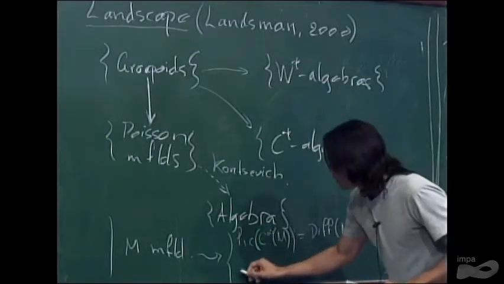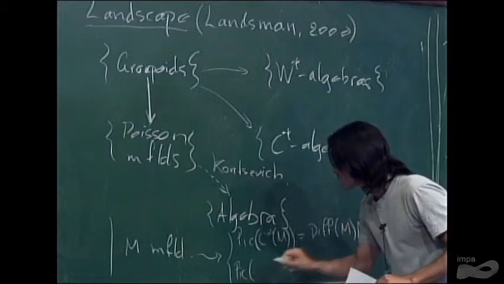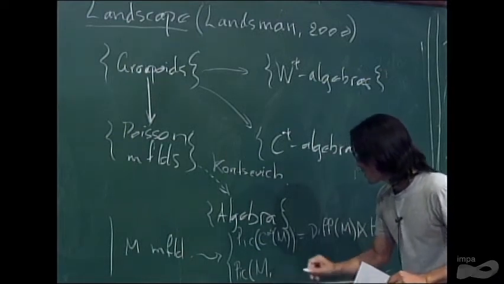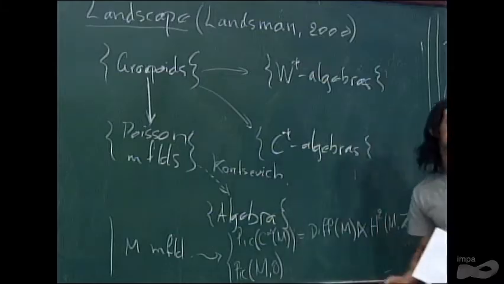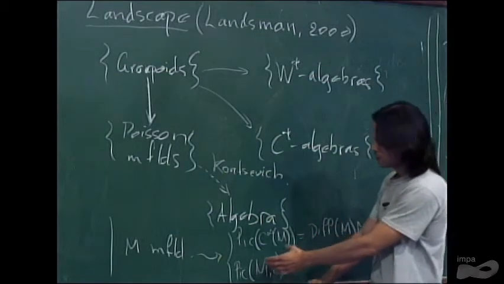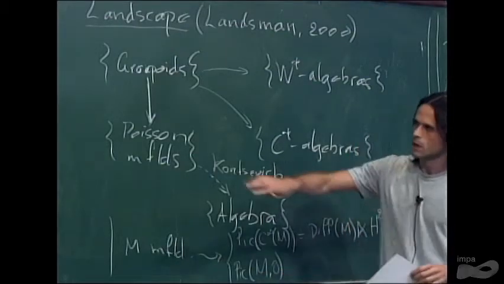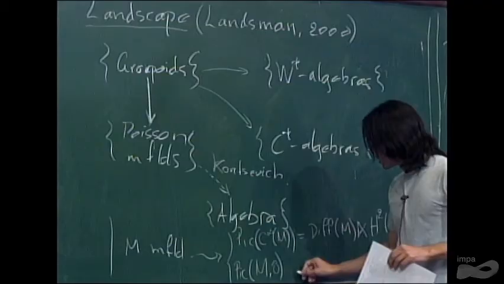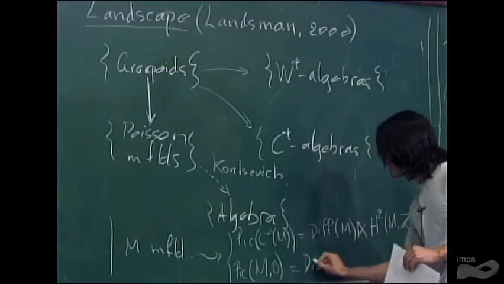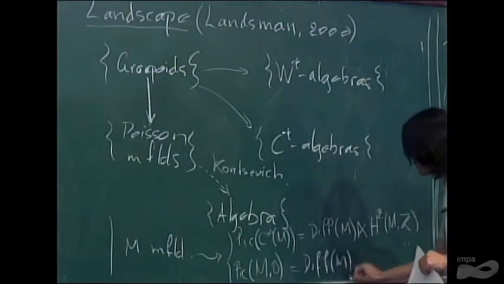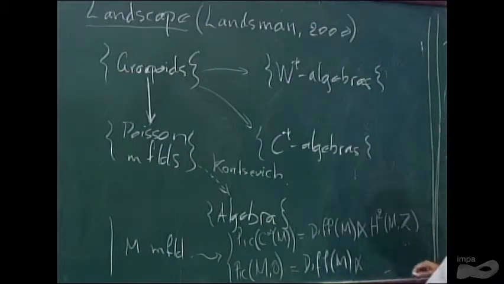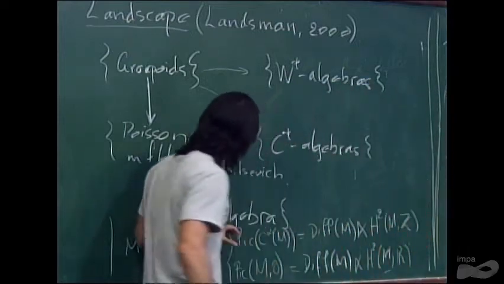Okay, and on the other side, if you take the Picard group of the manifold M with the zero Poisson structure in here, which is just also the group of self-equivalences of this Poisson manifold, according to the definition of Xu, then this is the diffeomorphisms of M in semi-direct product with A2 of M R. So they interpret this as follows.